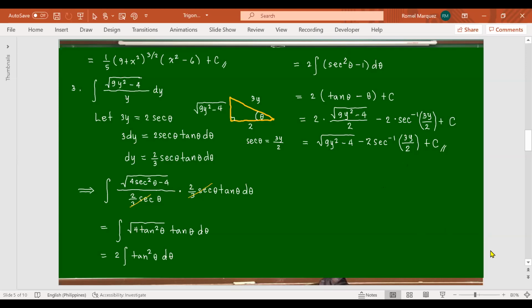Okay. Let's have number 4. I think we can solve 2 more. What about this integral?